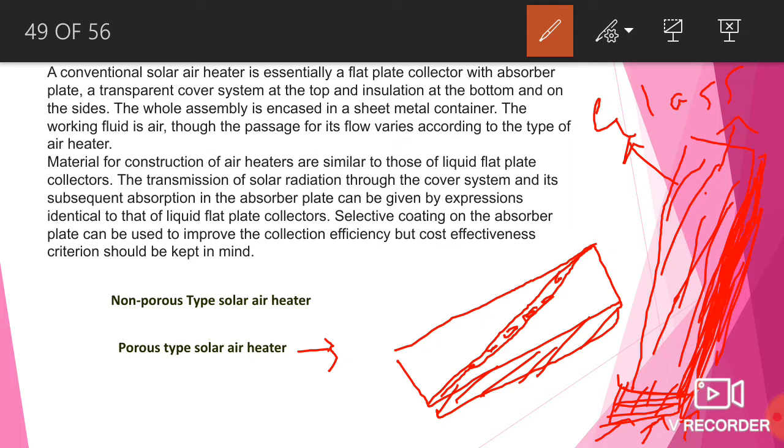Therefore, the collection efficiency cannot be improved. The pressure drop along the duct formed between the absorber plate and the rear insulation may also be prohibitive, especially in the case of added fins to increase the heat transfer surface and turbulence rate.